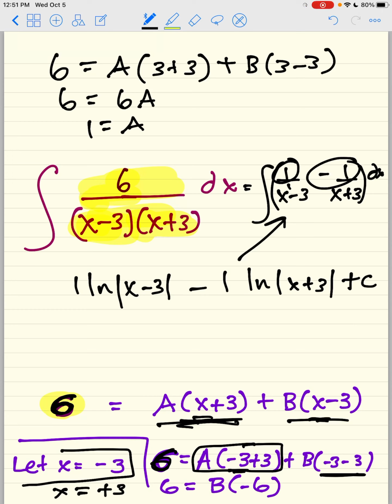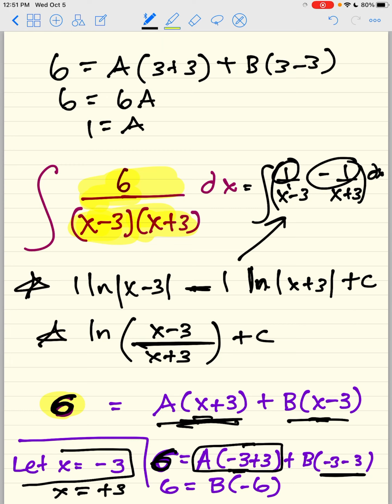If you use the log properties, you can actually condense this to ln of x minus 3 divided by x plus 3. Because a minus in front of a natural log is actually a division sign. So this is an acceptable answer, this is an acceptable answer.